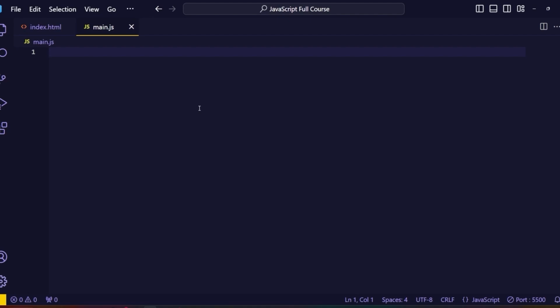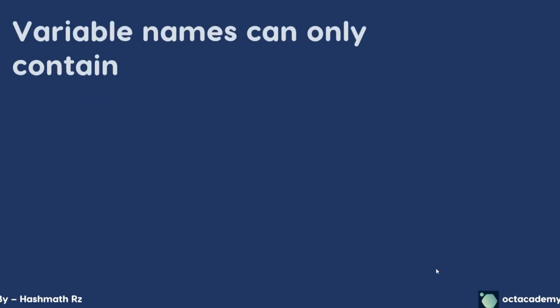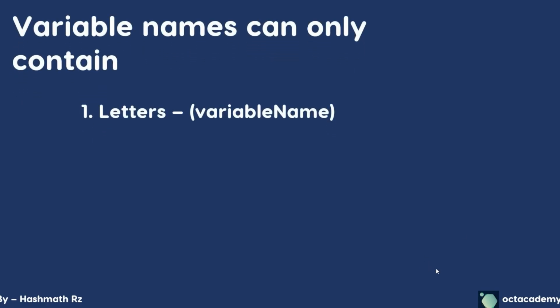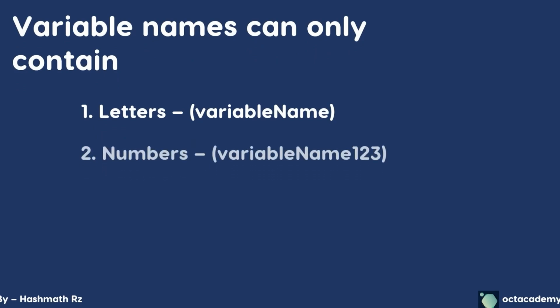So type var. After this, the variable name, something like firstName. This variable name can be any name, but there are some rules and best practices in JavaScript when declaring variables. One important rule is that variable names can only contain letters, numbers, underscores, and dollar signs.